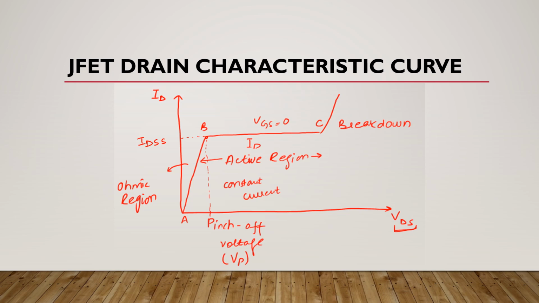This IDSS is the maximum drain current that a specific JFET can produce regardless of the external circuit, and it is always specified for the condition VGS is equal to 0. So this is the condition for this IDSS.